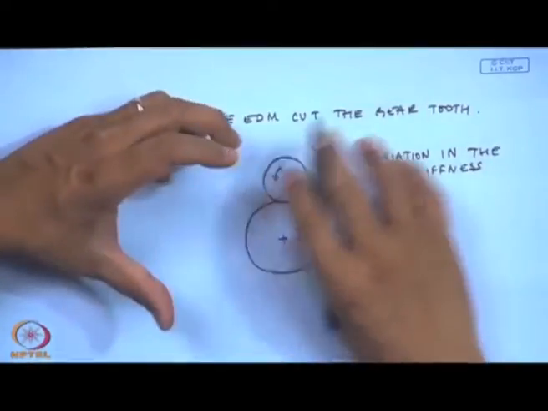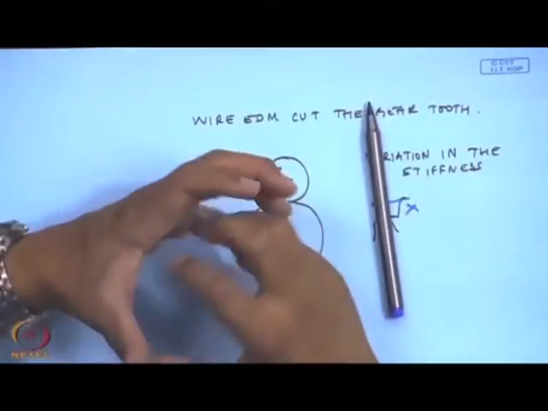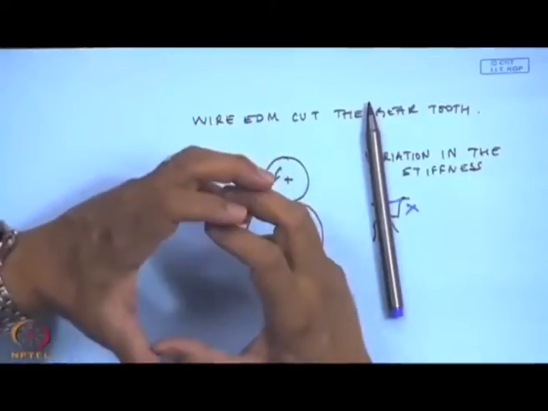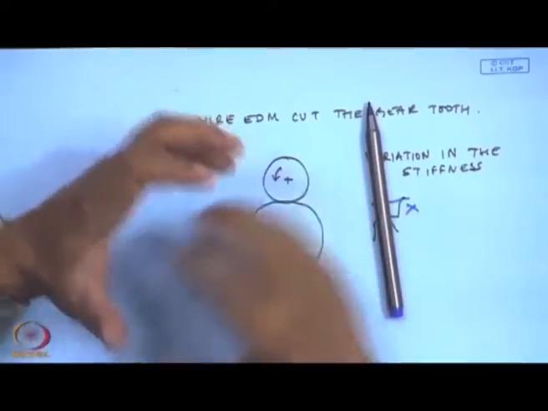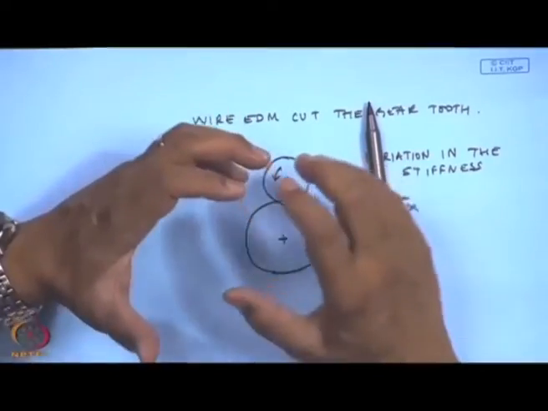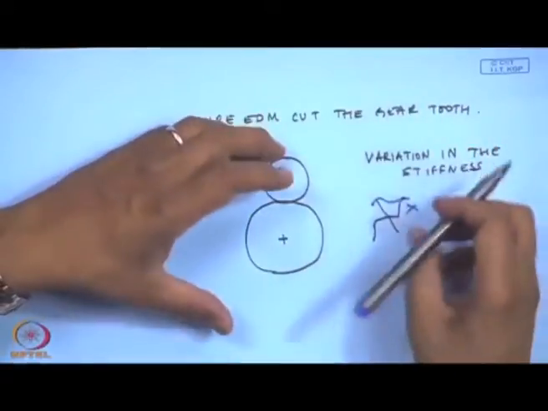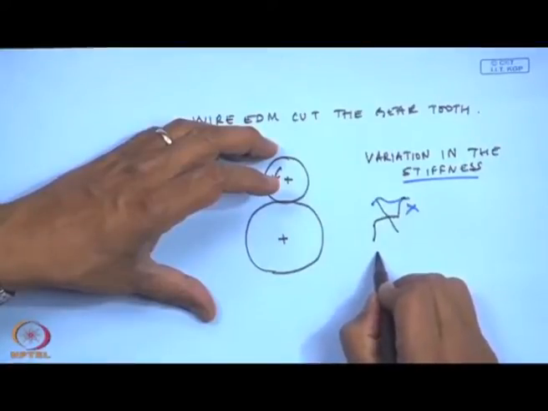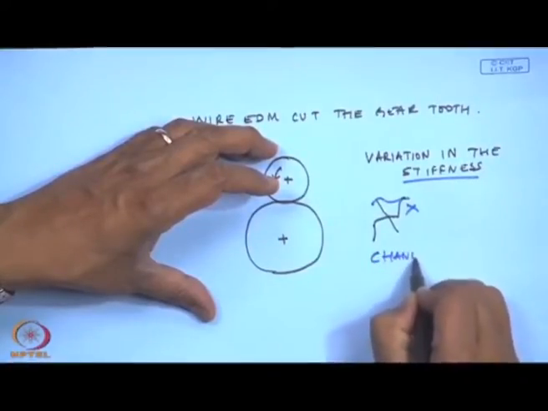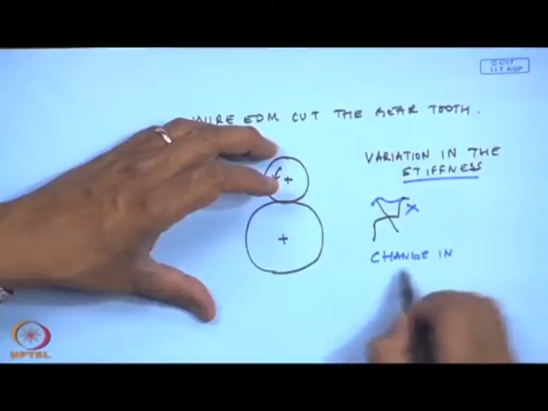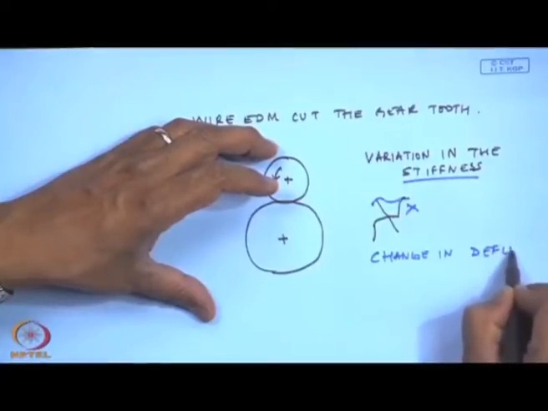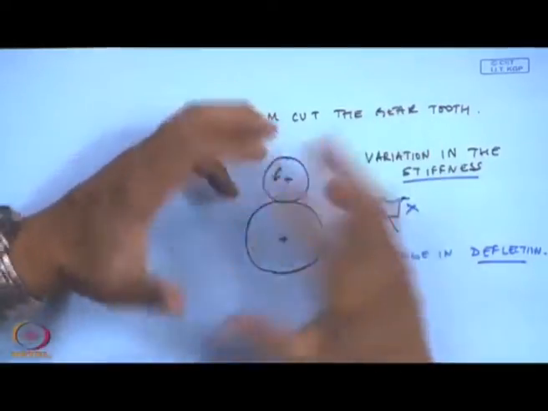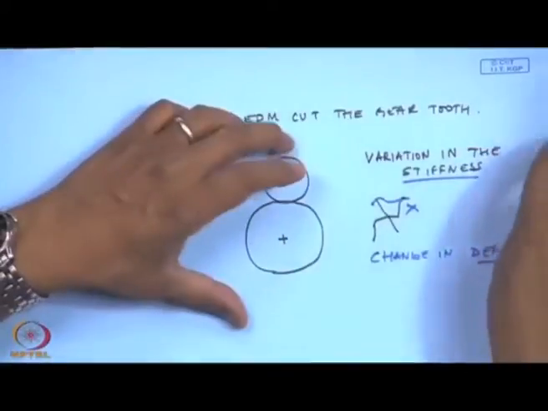So, what is going to happen? Momentarily, it is not going to withstand that resistance, or it is not going to have that resistance on it. So, this will lead to a change in its stiffness, material is not there. Okay. So, this variation in stiffness leads to sudden change in the response or deflection of the gear. So, these deflections will be responsible for creating a vibration.